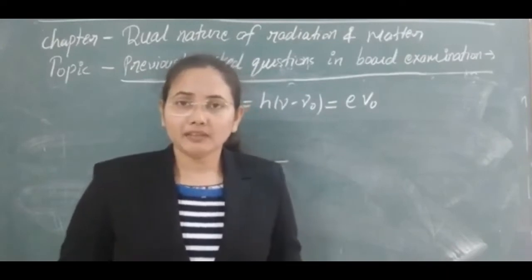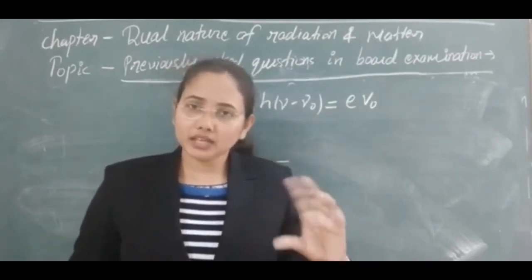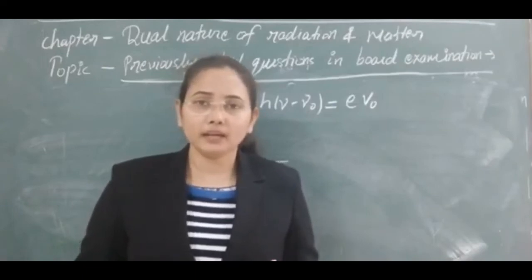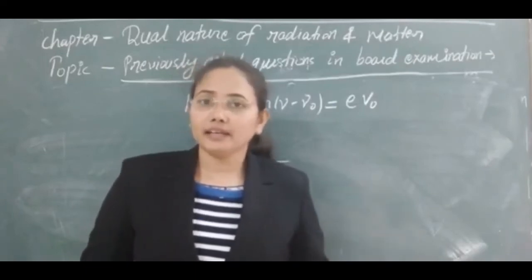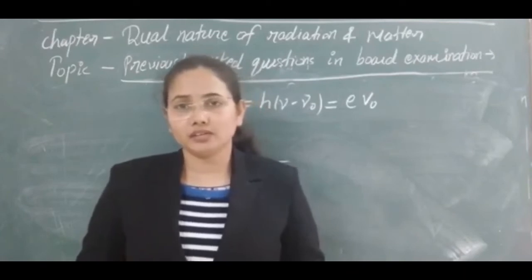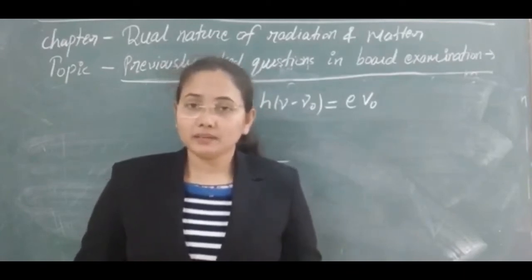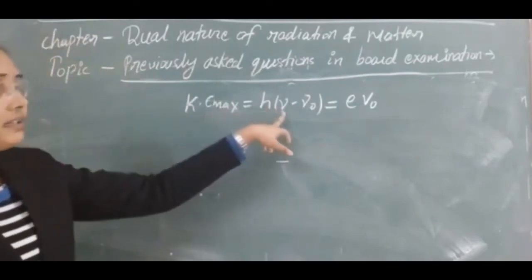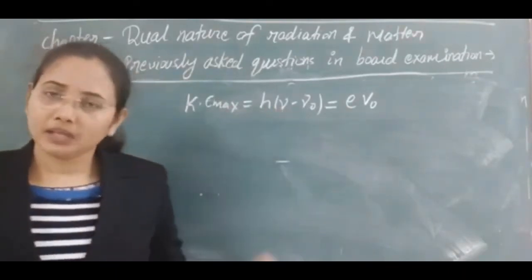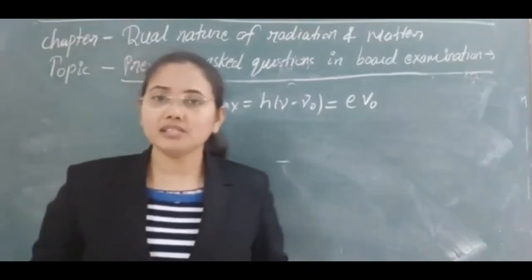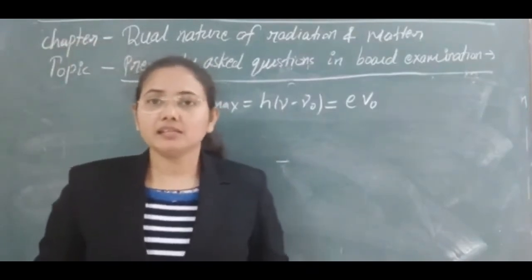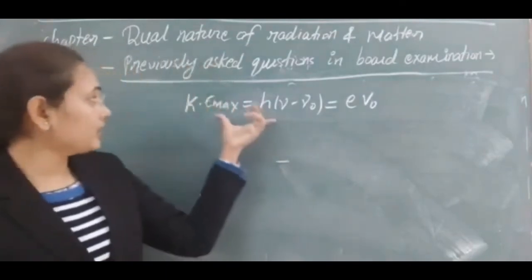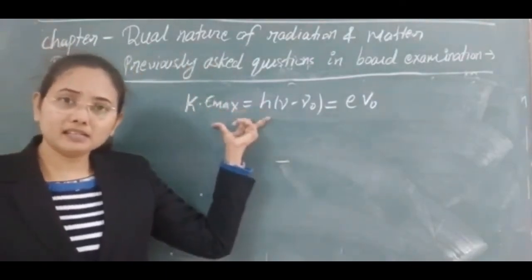So it means that with a change in intensity, we could obtain a different kinetic energy of ejected photoelectrons by using that concept. But by using Einstein's equation, the maximum kinetic energy depends on frequency, and this is also the experimental evidence that the maximum kinetic energy is directly proportional to the frequency of radiation, which can be easily proved by Einstein's equation.